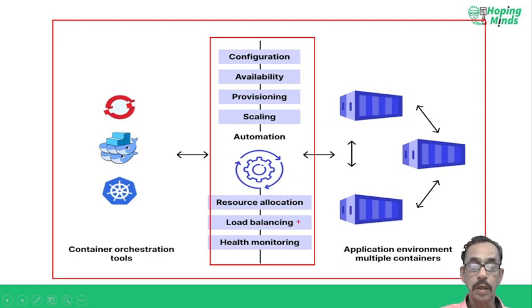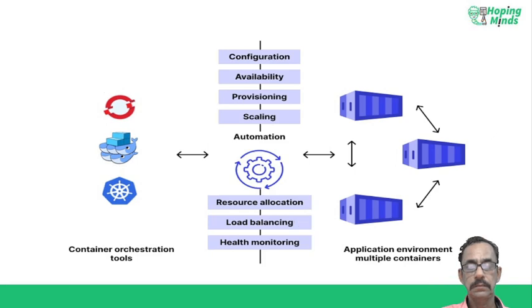Sometimes the load goes over on one container. How to manage it? What is the resource allocation there? What is the health of that container? So it is a total automation process. Correct?